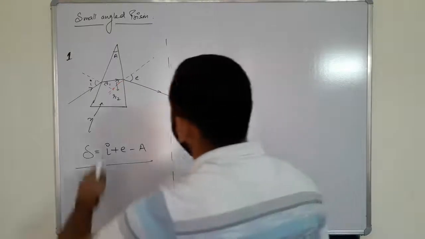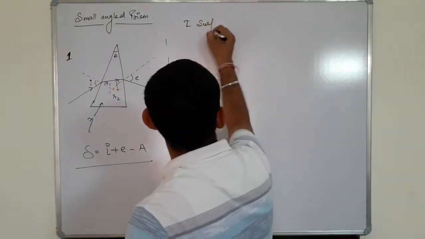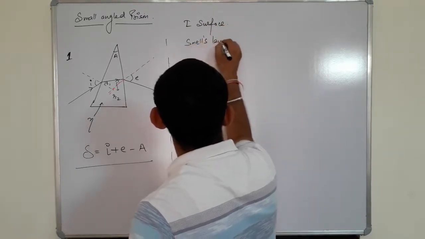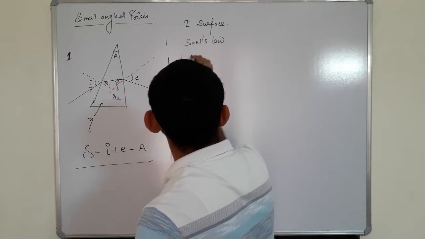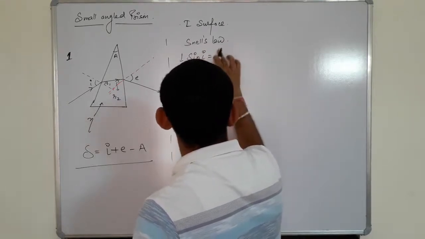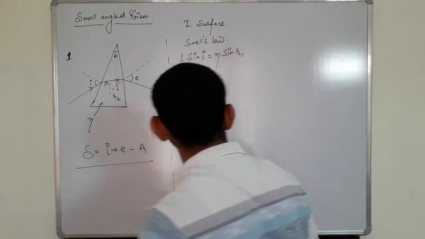So first of all, apply Snell's law at the first surface. This will be 1 into sin I is equal to neta into sin R1.